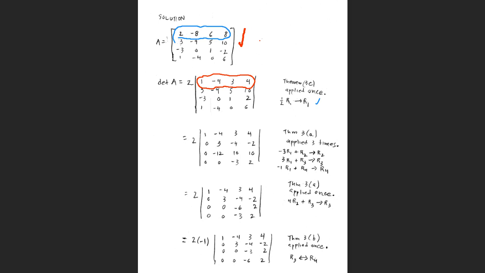So this matrix here, I should say it's a determinant, is the determinant of B. So the determinant of A is 2 times the determinant of B, because the determinant of B is equal to 1/2 times the determinant of A. That's theorem 3, property C, applied once.